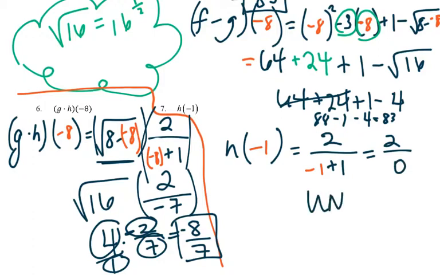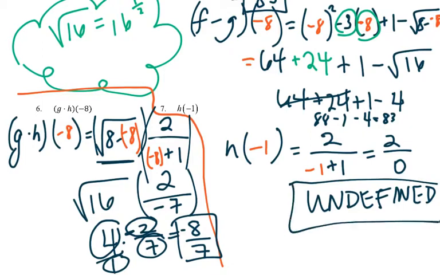That is undefined. As I mentioned in a previous video, we are not able to divide by 0 because it defies the rules and the 0 property of multiplication. And so therefore this is undefined. It is not equal to 0. It is undefined.